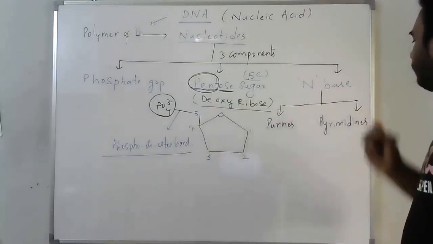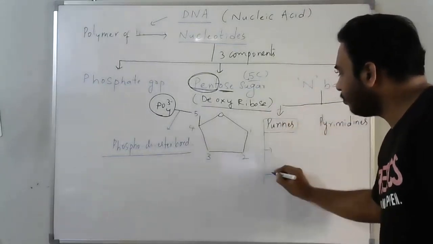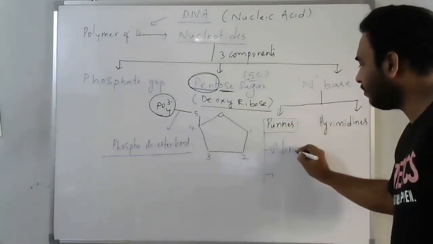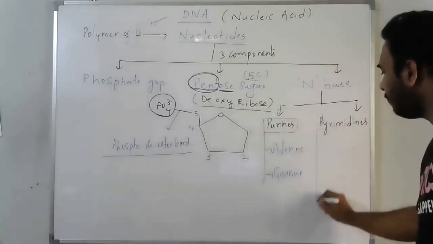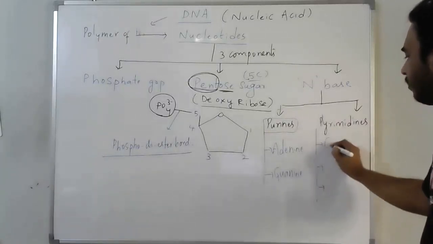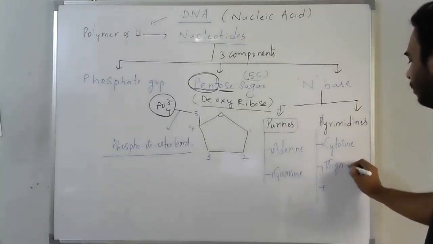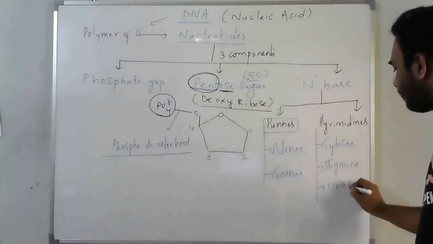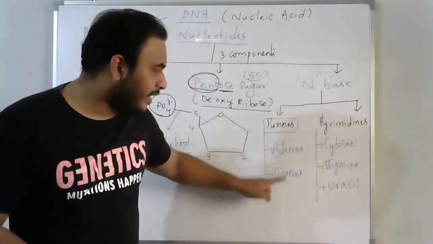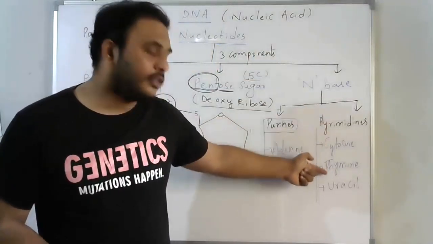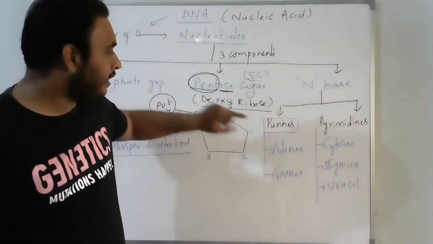Purines are again 2 types, adenine and guanine. And pyrimidines are 3 types: cytosine, thymine and uracil. So these are the nitrogenous bases. 3 types of pyrimidines and 2 types of purines.